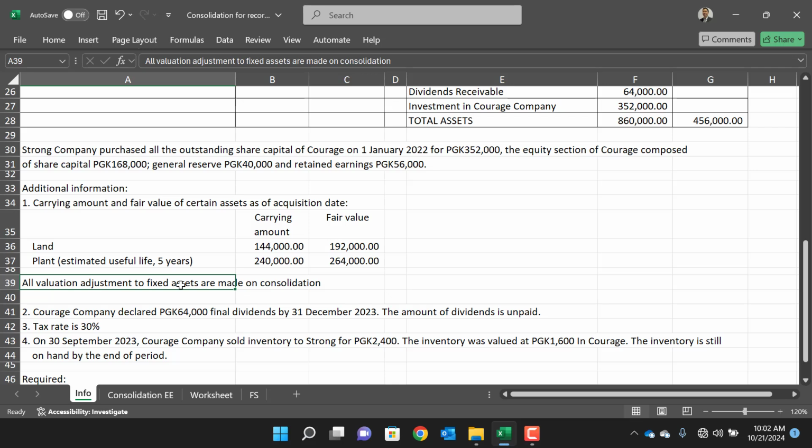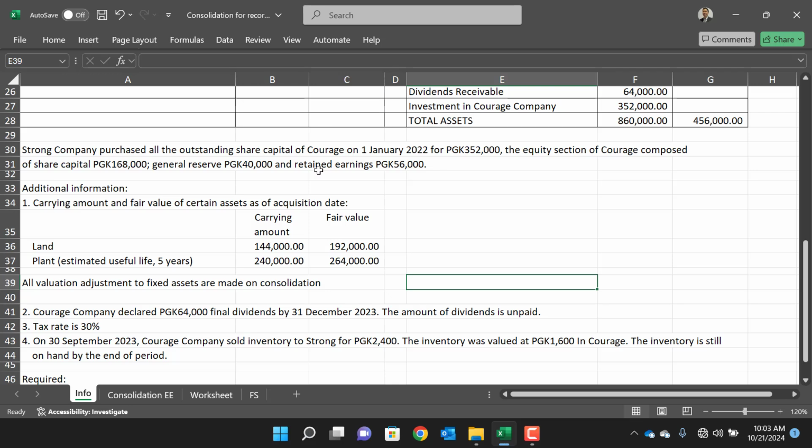In that case, the journal entries may be the same, but the accounting treatment will not be the same. I'll have a separate discussion on how it affects accounting records when the adjustments are made before consolidation. In this case, our illustration will focus on the adjustments to be made during the consolidation.